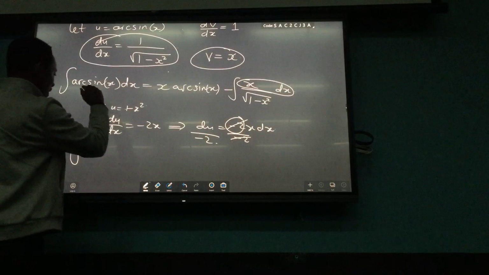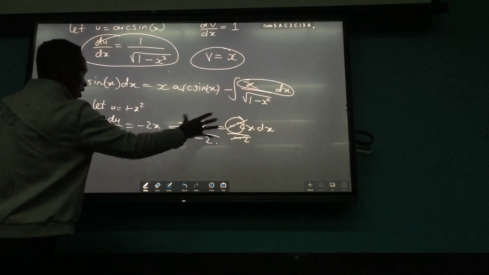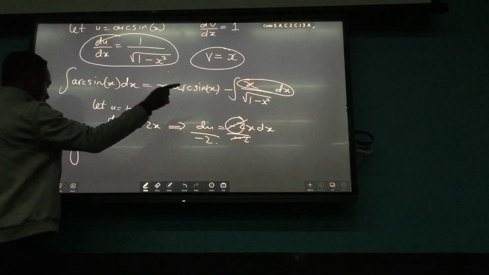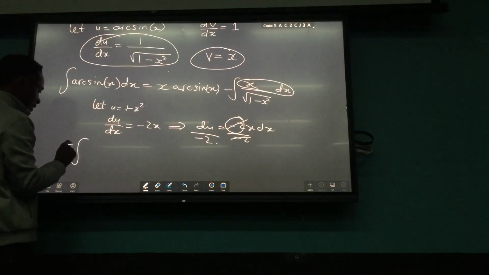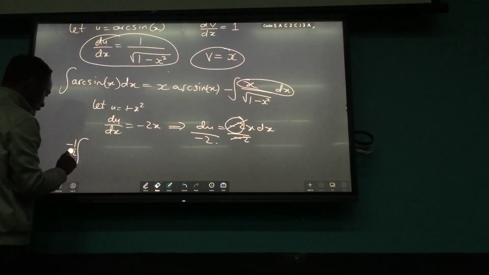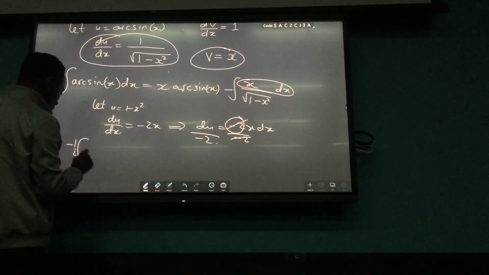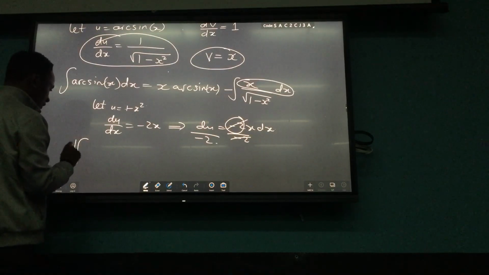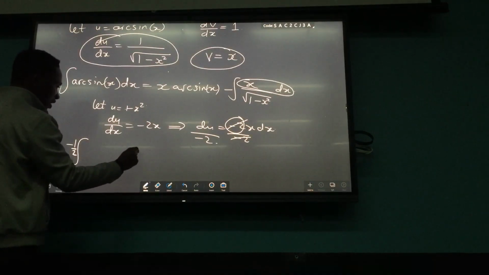So let me just finish with this part. Where we have x dx, we are putting minus 1 over 2. That's basically our 1 over 2 that comes with du. So we have minus 1 over 2, then we put a du.